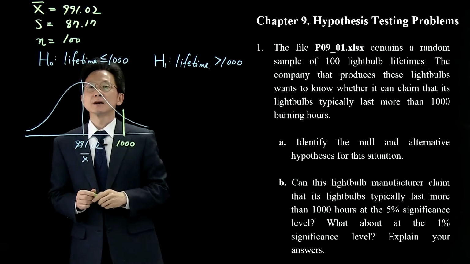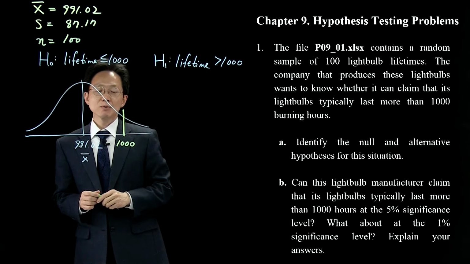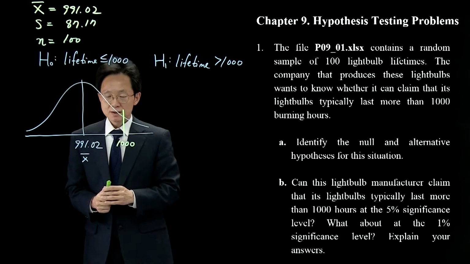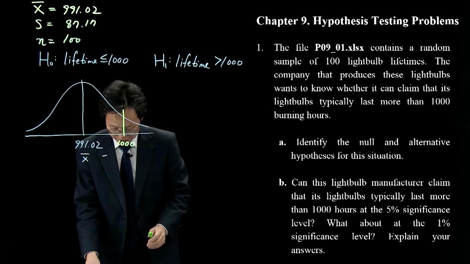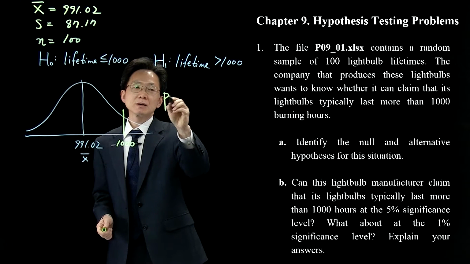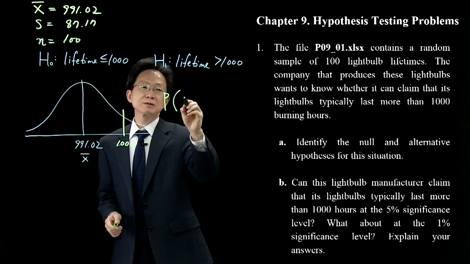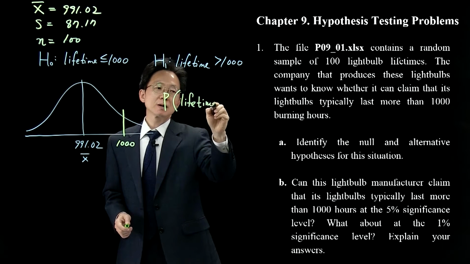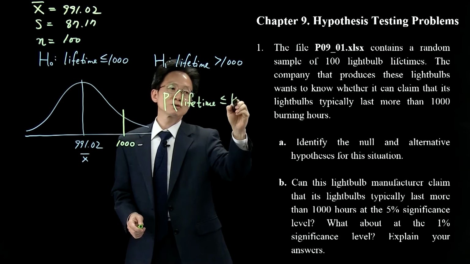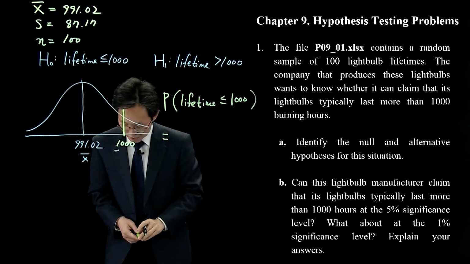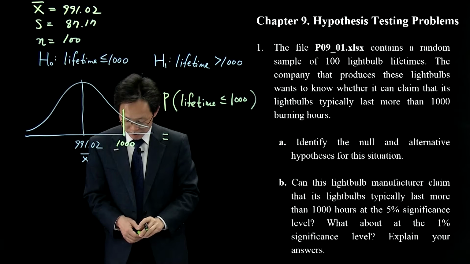And then we want to calculate some sort of probability, right? So what we want to do is: what is the probability that the lifetime is less than or equal to 1,000? Okay, that's what we want to calculate.